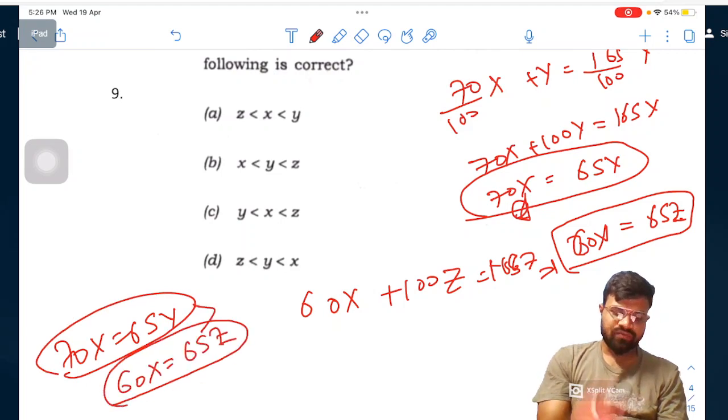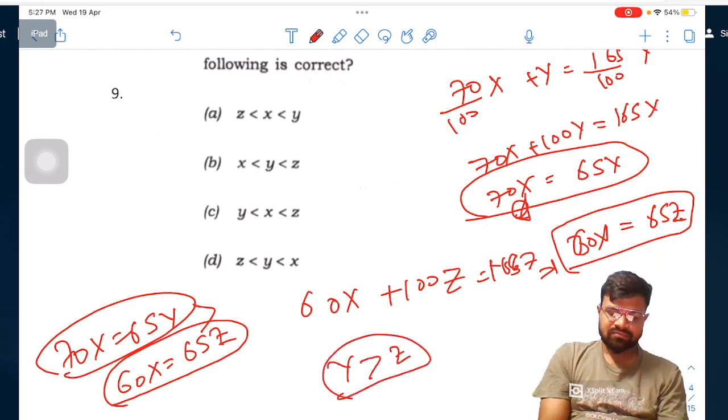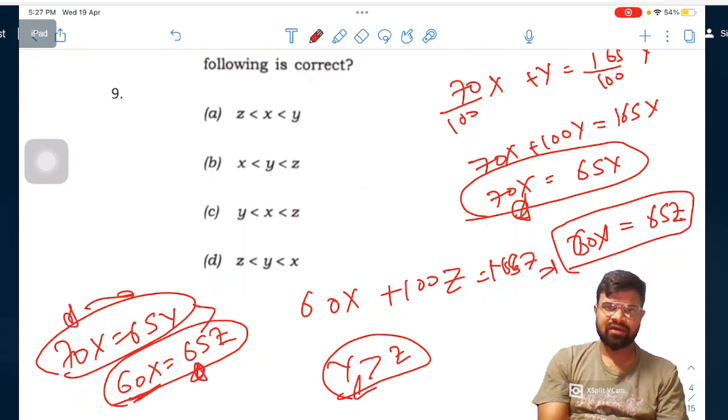Now, based on these two equations, 70x is equal to 65y and 60x is equal to 65z, can we say that y is greater than z? Because 60x is equal to 65z and 70x is equal to 65y, 70 by 65 obviously is greater than 60 by 65. So y is greater than z, that is clear.